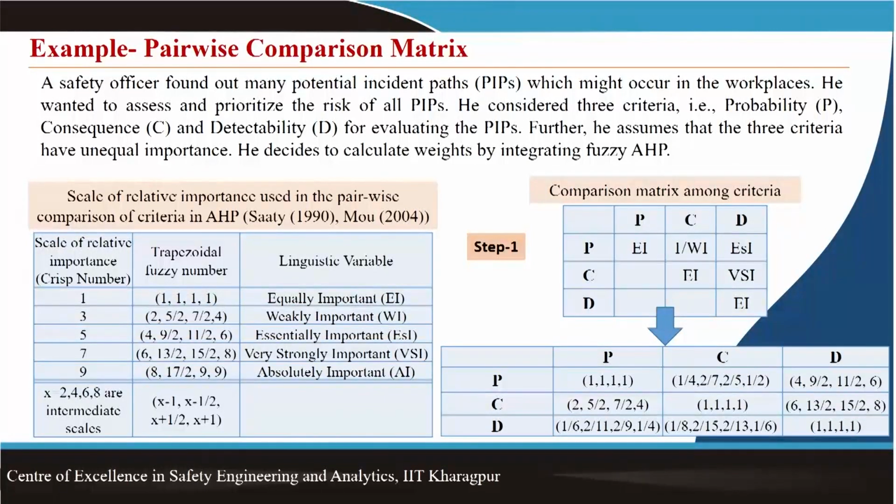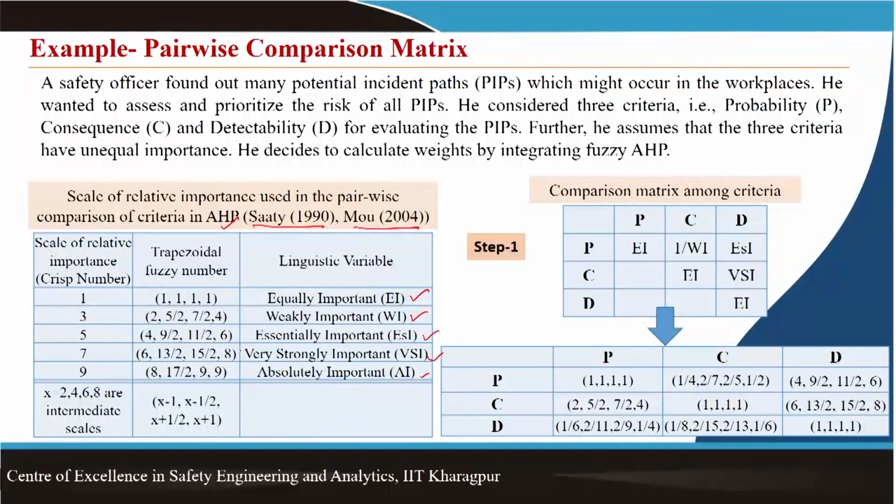So how are you doing it then? You have to first use the Saaty scale, and then the 2004 scale is given. We are creating some linguistic variables: equally important, weakly important, essentially important, very strongly important, absolutely important.